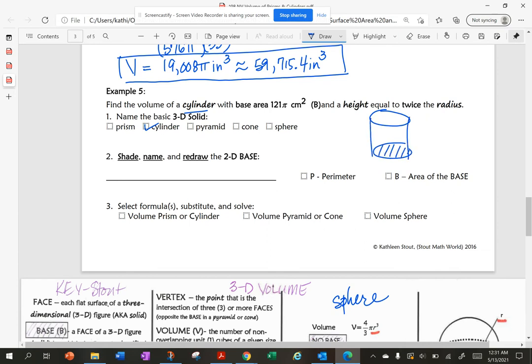Here's my base area. And the height is equal to twice the radius. So the height equals twice the radius.